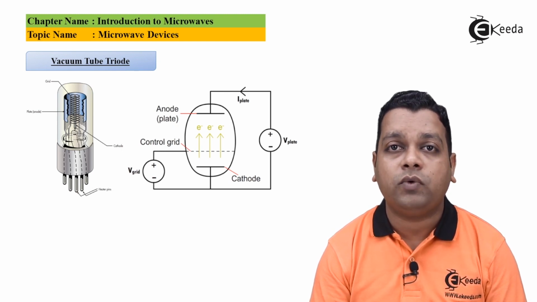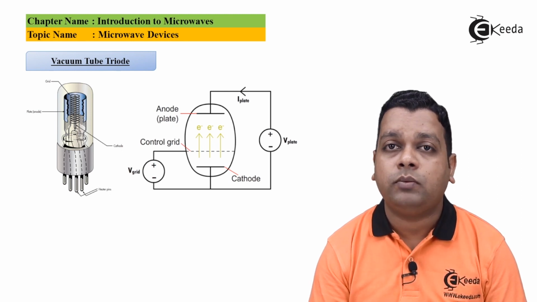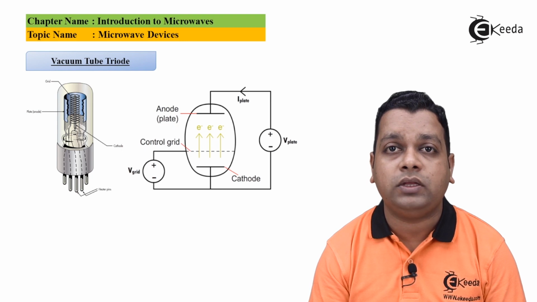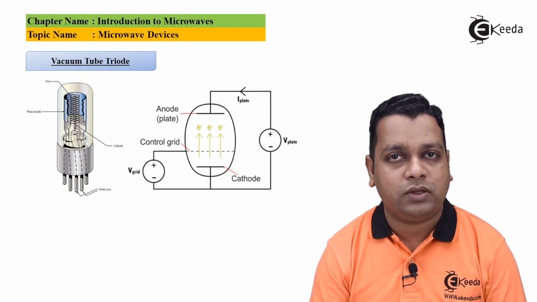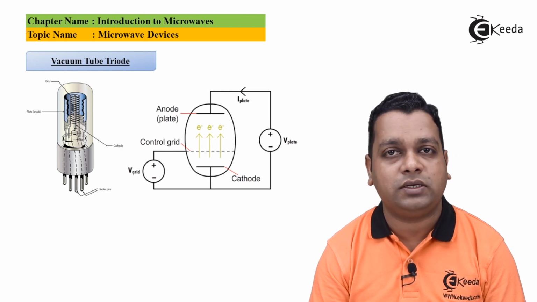The working of the semiconductor transistor was first made possible with the help of the vacuum tube triode. So this is the simple picture and its corresponding circuit.